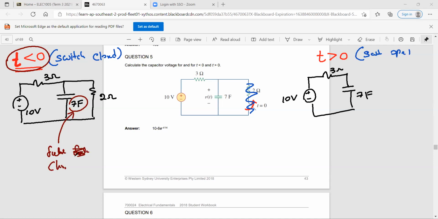After some time, that will be fully charged. So when the capacitor is fully charged, your circuit will look like this. And your capacitor was somewhere here. Now it is open because it was fully charged. When the capacitor is fully charged, your circuit is this. Do you agree?